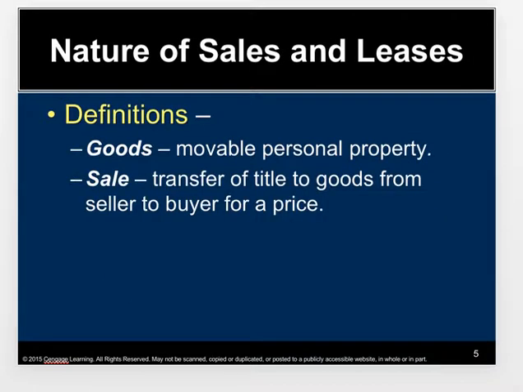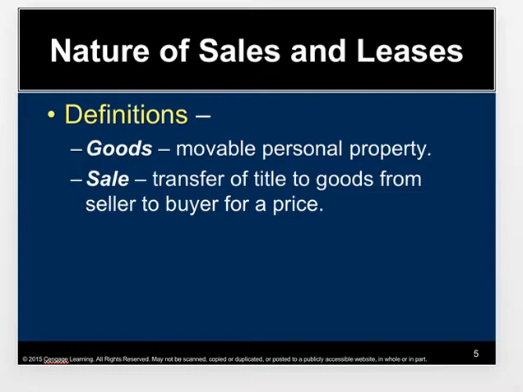So what are the nature, what are sales, what are leases? So let's look a little bit into the definitions. Now goods, and we talked a little bit about goods before because UCC Chapter 2 deals with goods. And so goods really is movable personal property, and that's just what I was talking about.